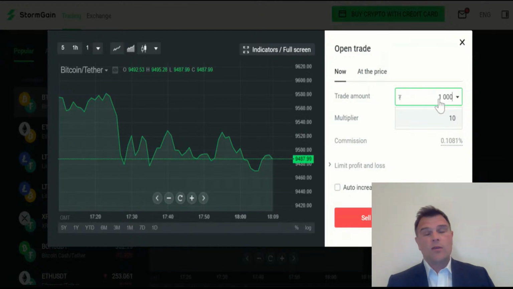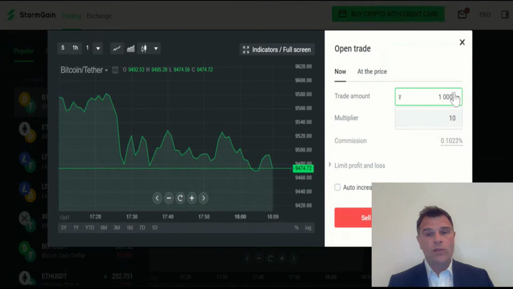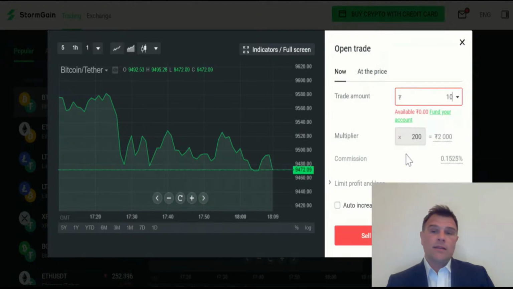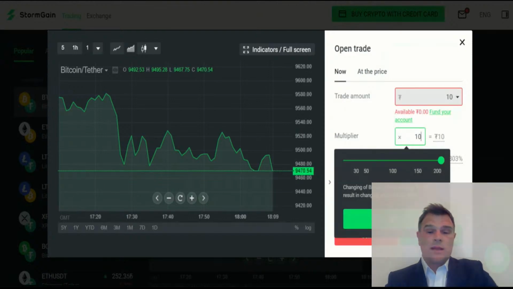So it's almost what we call a stop. If you put 1,000 in, the moment we lose 1,000, the trade will stop you out. So the great thing is that you don't really have to worry too much about stop loss if you're happy to lose $1,000 in this case. And the great thing about these multipliers is that you can put different amounts in for the multiplier.